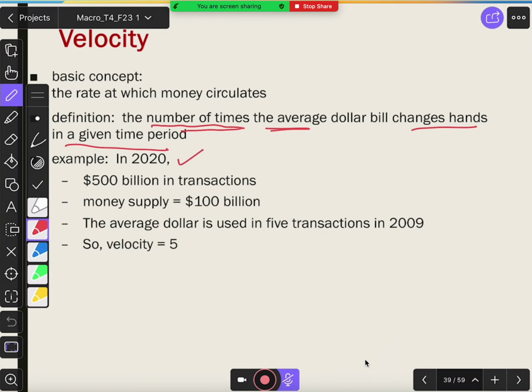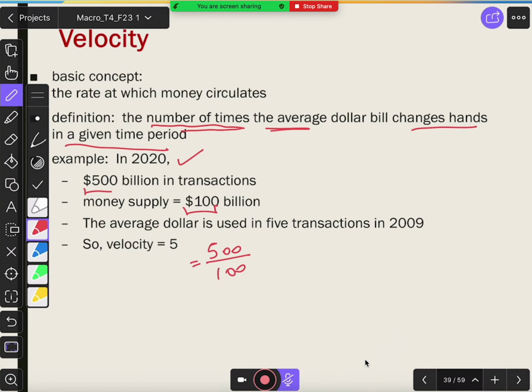So in 2020 we have, for example, 500 billion transactions, and the money supply from the Fed is 100 billions of dollars. Then we can simply find the velocity of money by dividing the 500 by the 100. This would give us how many times on average the $1 bill circulates in the economy in 2009.